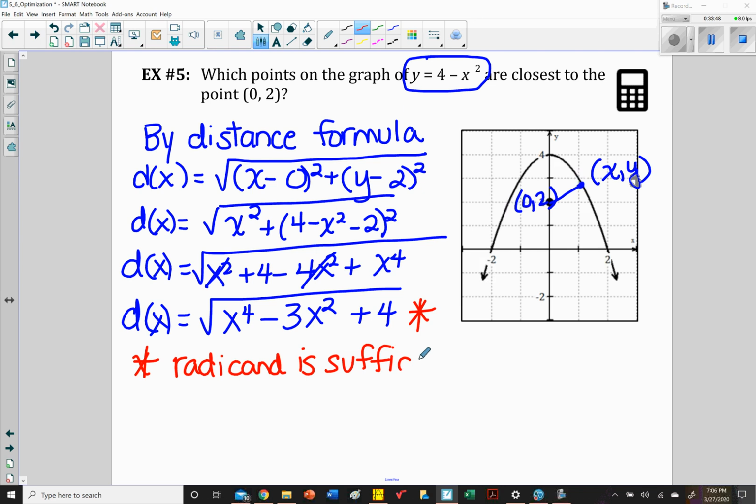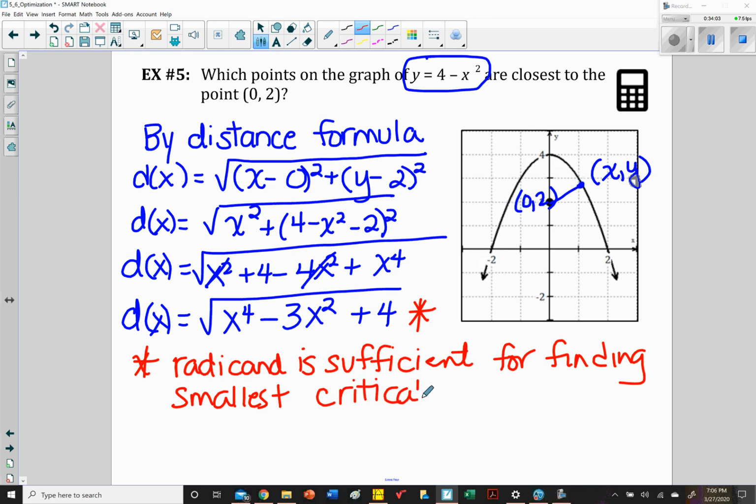The radicand is sufficient for finding the smallest critical value. So let's find the derivative of just the inside piece. We'll give it a different name, call it g of x.